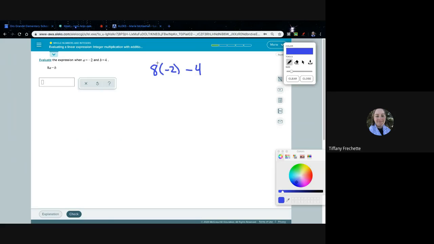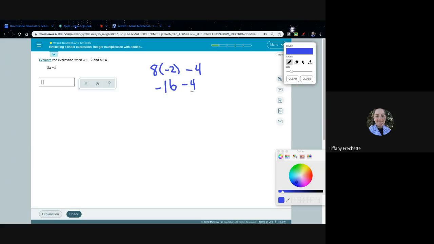We only have multiplication, so we have 8 times negative 2. We get 16, and it's negative because one is positive and one is negative. And then minus 4. This is another one where we have two negatives, but we're not multiplying, we're adding them, more accurately.